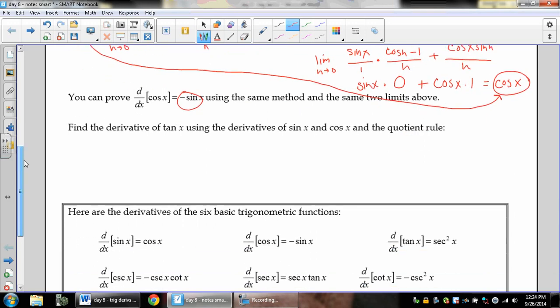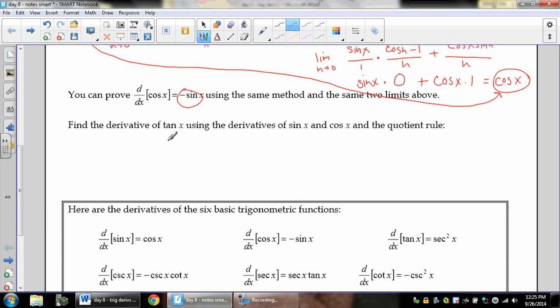Now, last but not least, if I want the derivative of tangent, I can use the derivatives of sine and cosine in conjunction with the quotient rule. The derivative of tangent is the same as the derivative of sine x divided by cosine x.